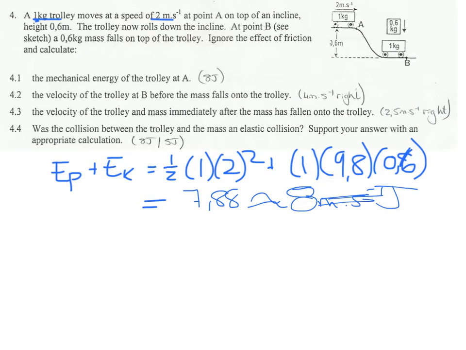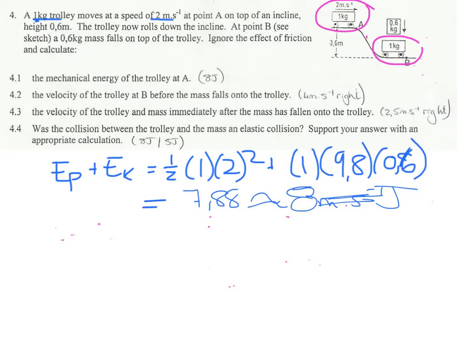The next part of the question says, what is the velocity of trolley B before the mass falls on the trolley? So now if we have to work out the velocity of trolley B before the mass has fallen onto the trolley, we are going to say that the mechanical energy at the top is equal to the mechanical energy of the trolley at the bottom.